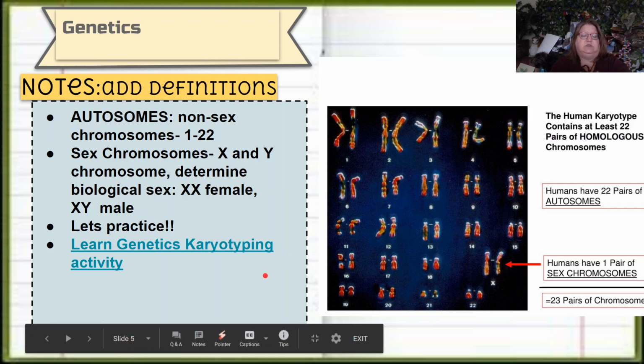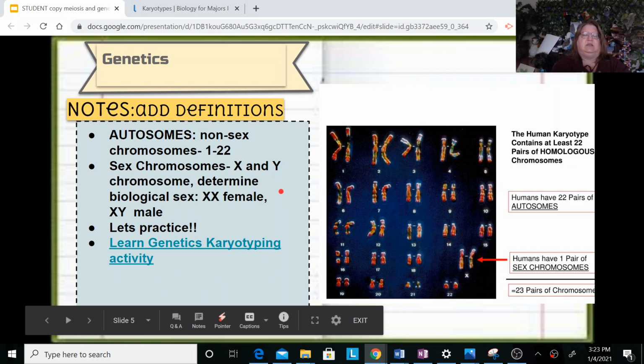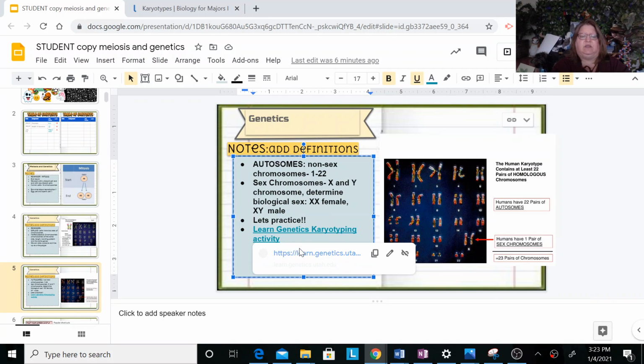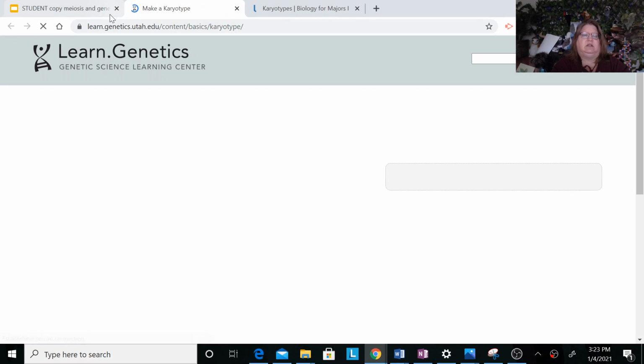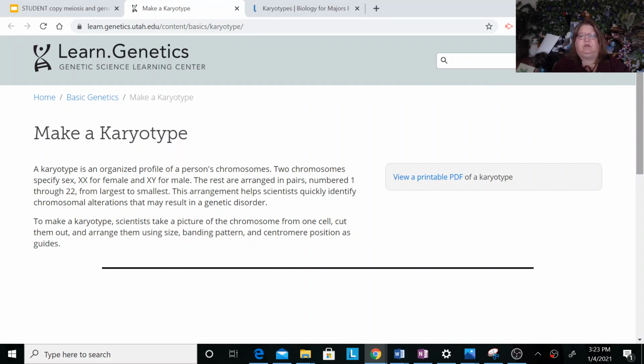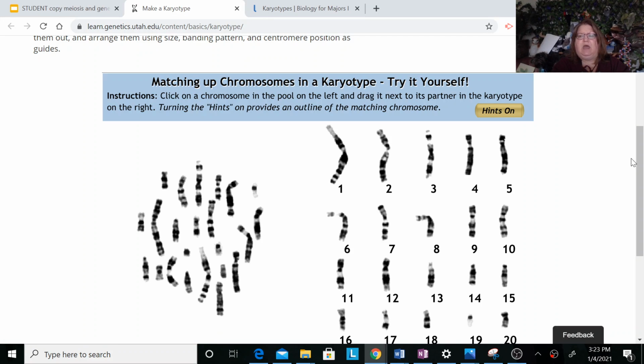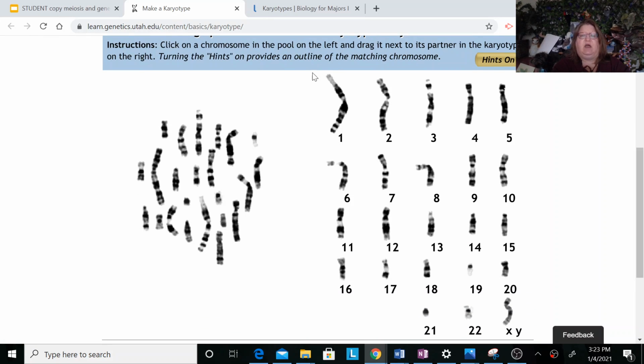Now, you're going to take a few minutes to practice this by clicking a link and getting to this activity. You're going to scroll down, click the arrow, and match the chromosomes. They've got one set already outlined for you, but you're going to look for the homologous pair.